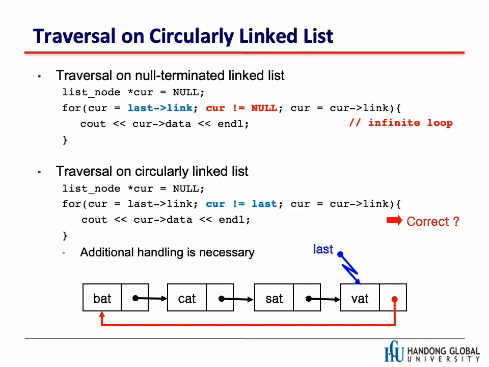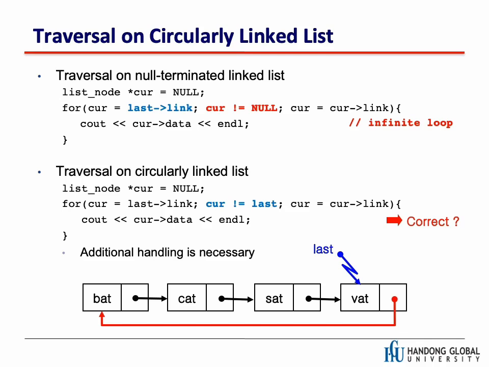Then what happens? We print out bat, and next we print out the cat, and then the sat and the vet, and then we go back to bat, because there's no checking point. This is a problem because we will have an infinite loop here.